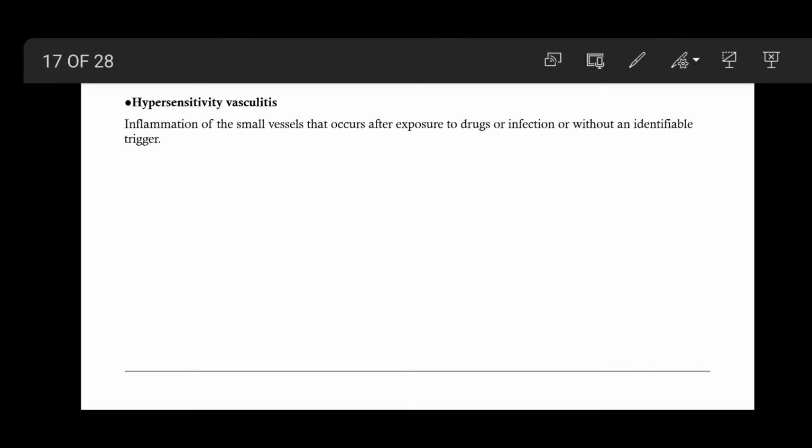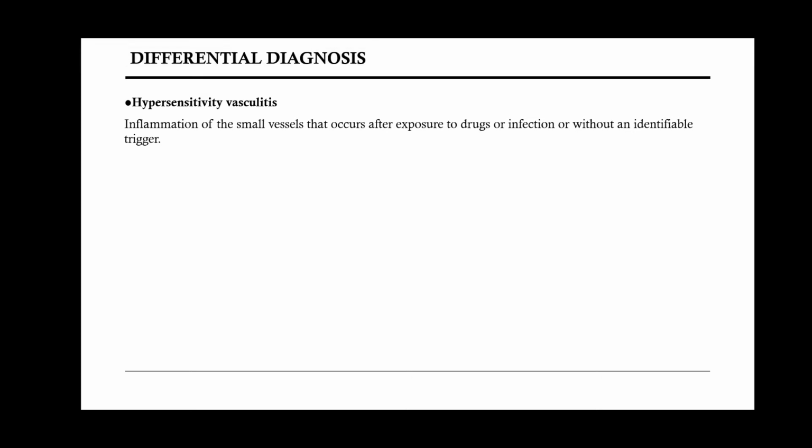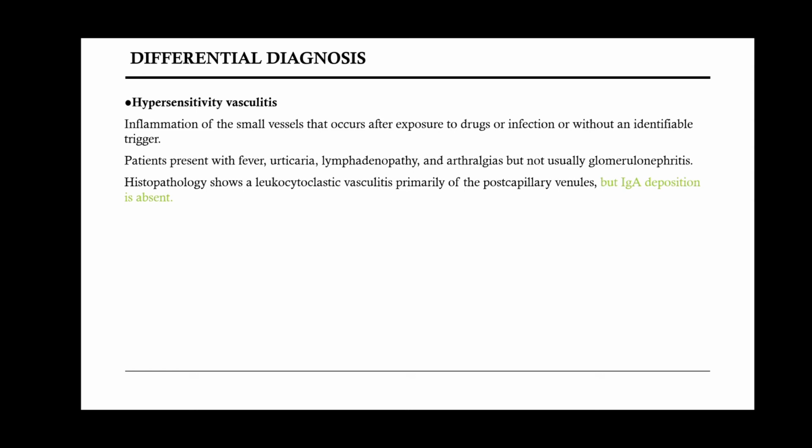Hypersensitivity vasculitis is an inflammation of the small vessels that occurs after exposure to drugs or infection or without an identifiable trigger. Patients present with fever, urticaria, lymphadenopathy, and arthralgias, but not usually glomerulonephritis. Histopathology shows a leukocytoclastic vasculitis, primarily of the postcapillary venules, but IgA deposition is absent.